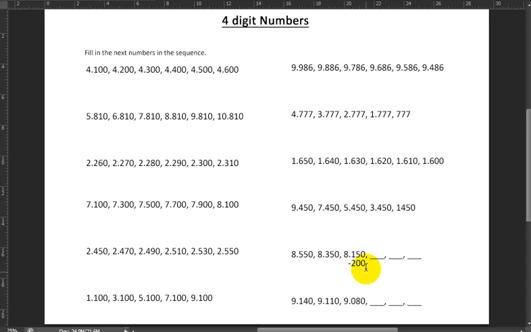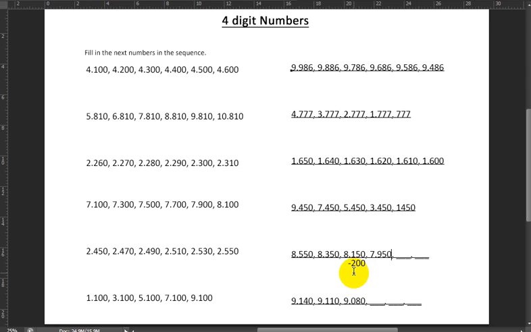What would I do here? Well, 0 take away 0 is 0, 5 take away 0 is 5. Can't do 1 take away 2 though, so I would borrow, and this would become 1 less. The 8 would become a 7. So I'd have 7,000, and 11 take away 2 would become 9.